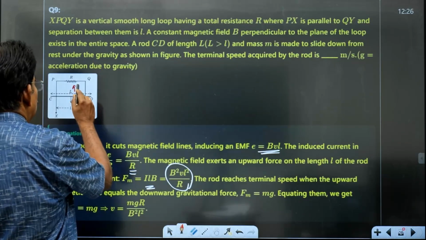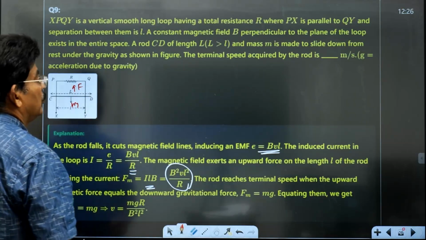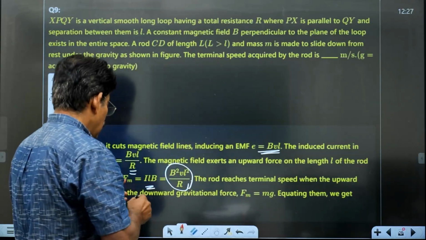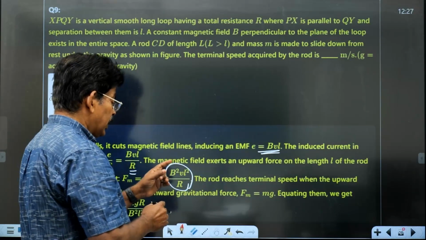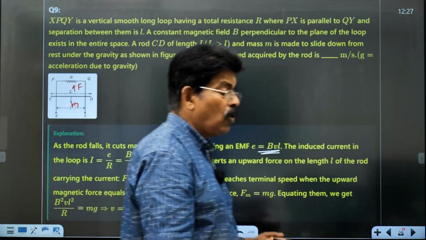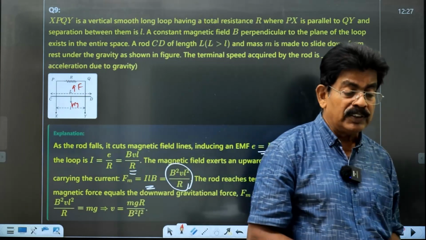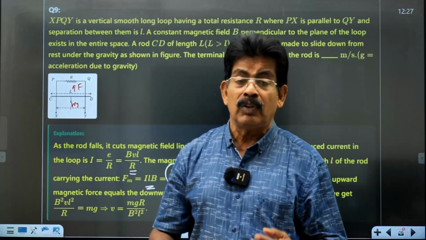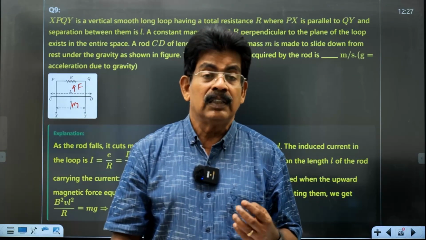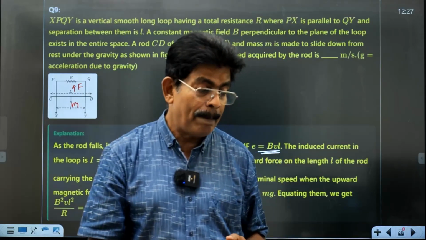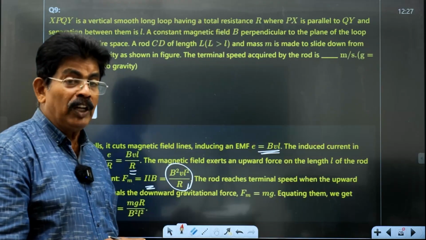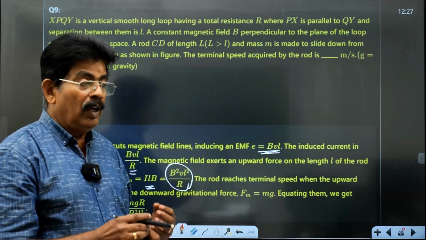So as it comes down, the magnetic force will be acting in the upwards direction, given by B square l square V by R. B is constant, l is constant, R is constant. But as it comes down, speed increases, therefore the force will be increasing. The force is acting in the upward direction and mg is pulling it down. So what will be happening?